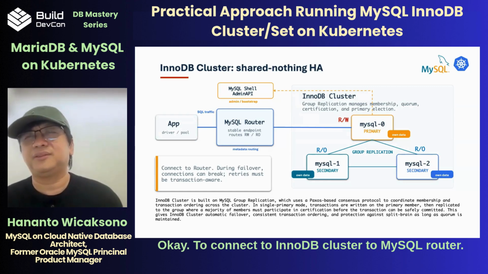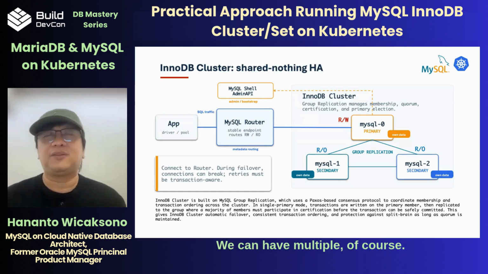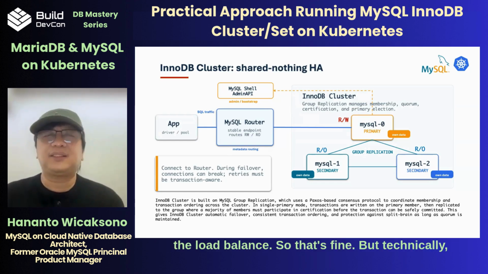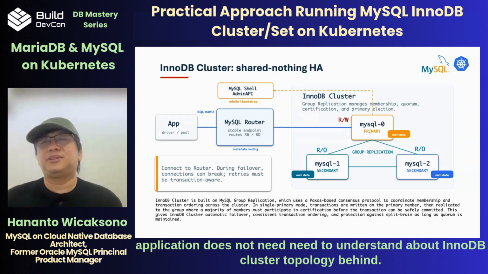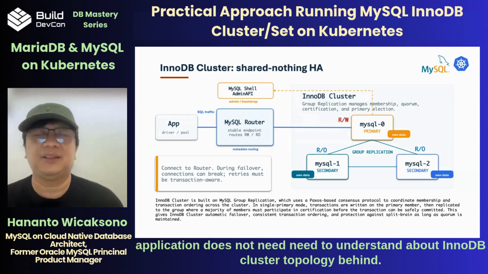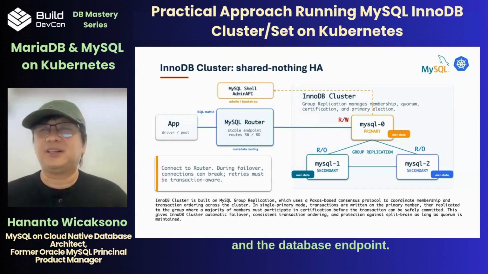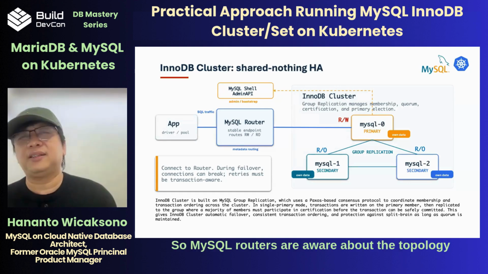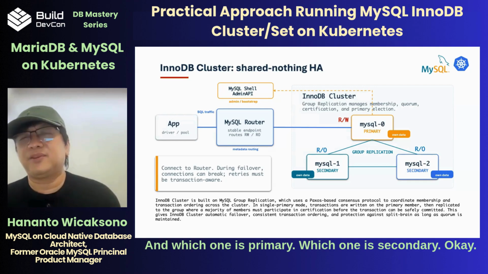We can have multiple routers, of course, and between the application and the MySQL Routers we can provide a load balancer. That's fine. But technically, the application does not need to understand the InnoDB cluster topology behind because of MySQL Router. MySQL Router is aware of the topology of the InnoDB cluster: how many nodes, where they are, and which one is primary and which one is secondary.